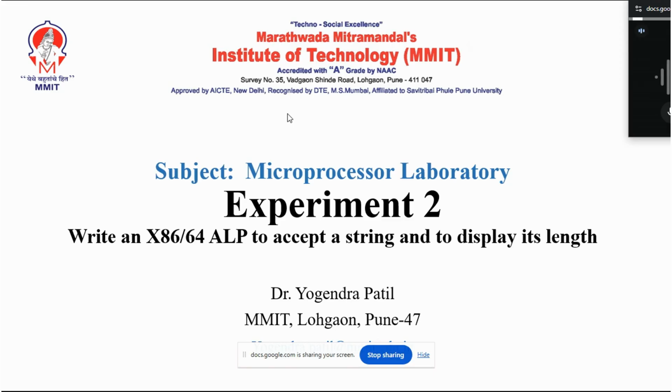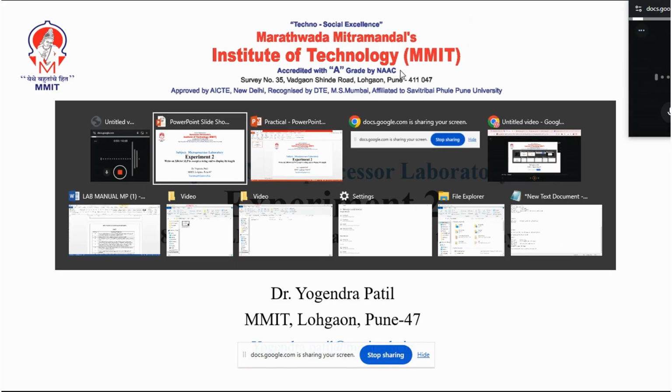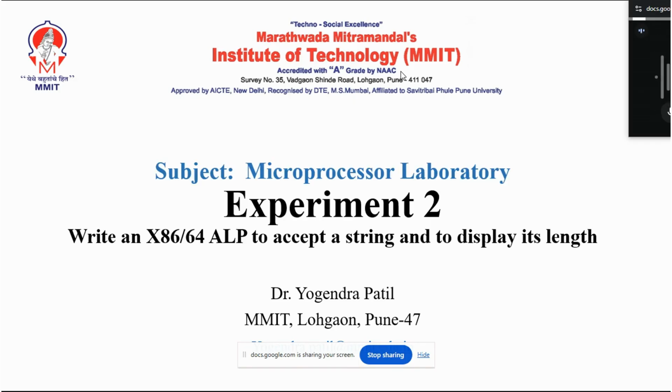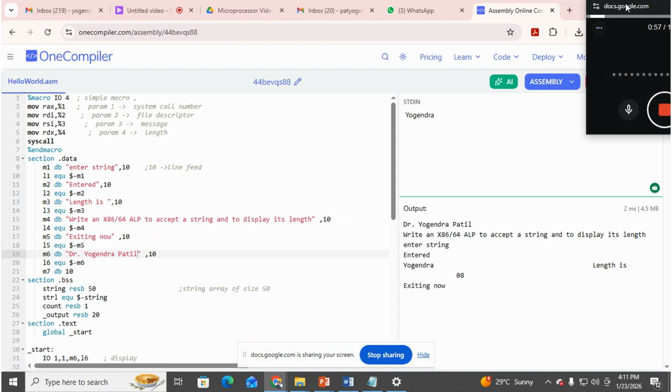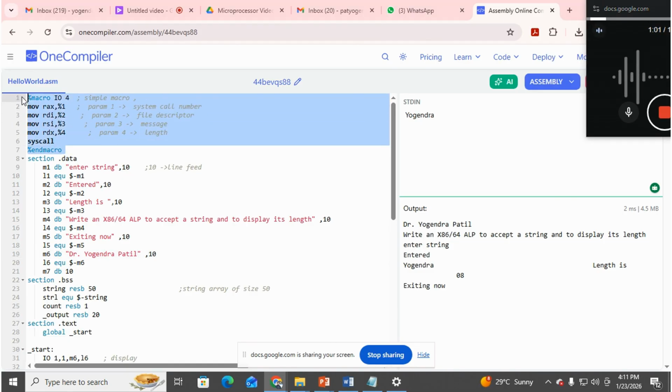So coming to the point, we will directly see the experiment. Coming to the program, here again, like in the first program, we are initializing the macro, which is already explained.